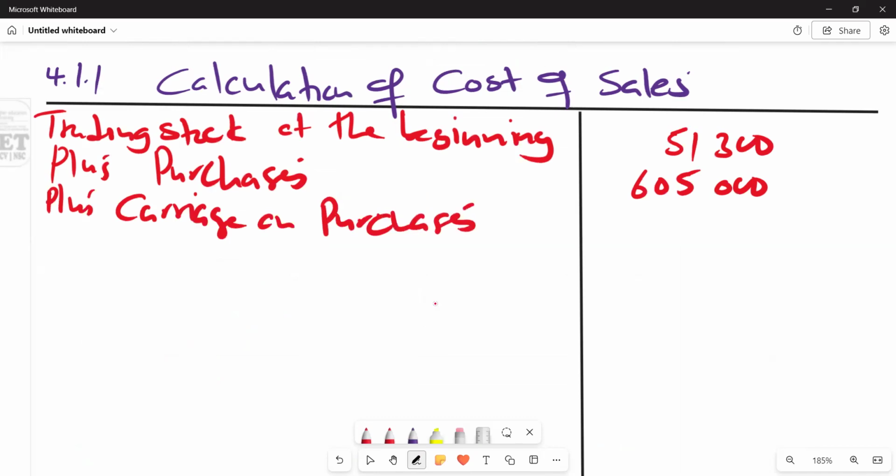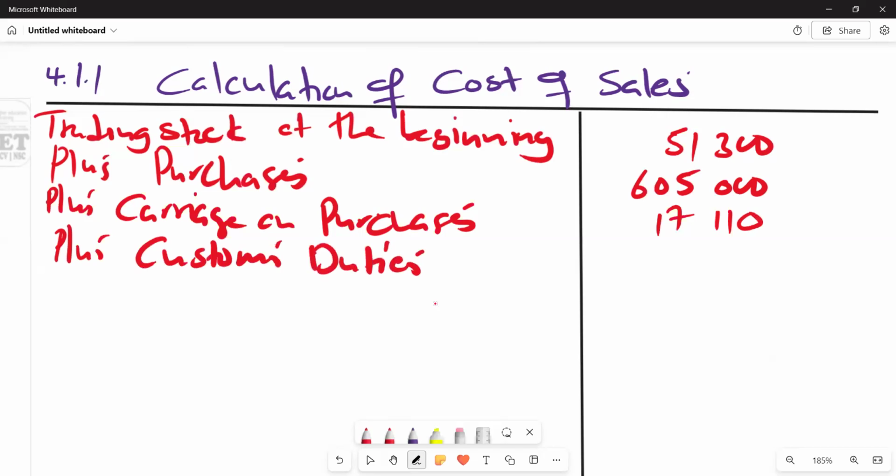And then the figure that we have there is 17,110. And then after that, we have our customs duties, so we add again plus customs duties.